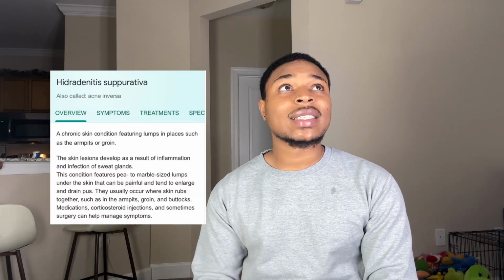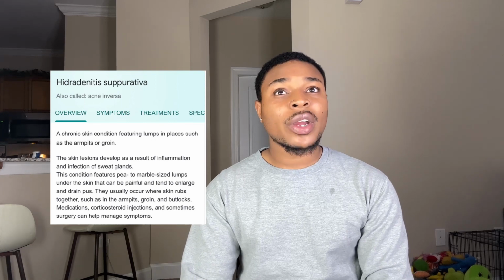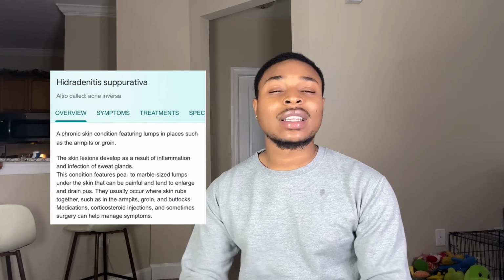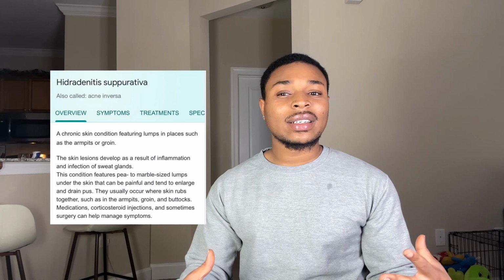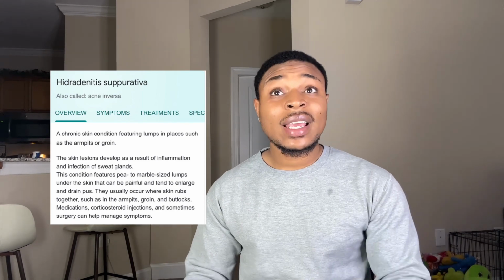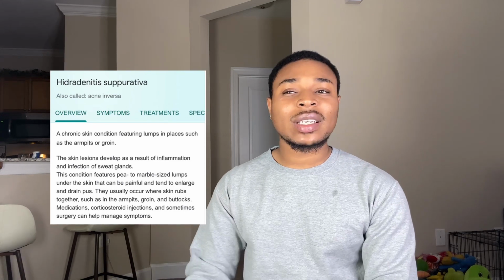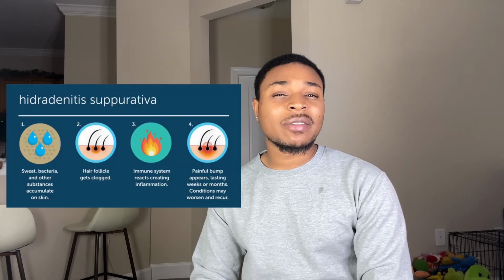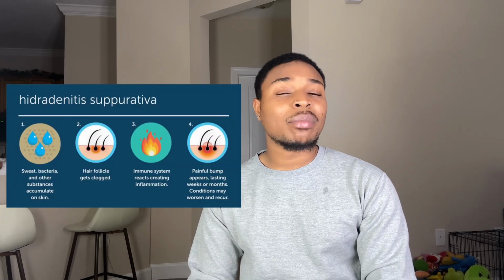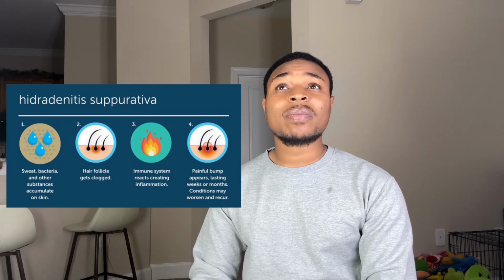Today we're going to be talking about hidradenitis suppurativa, better known as HS. It's basically a skin disease where you form lumps within your skin. It's all based around your sweat glands, and your sweat glands become inflamed, so you get boils and cysts as the repercussion.